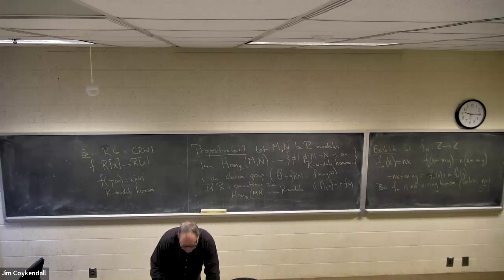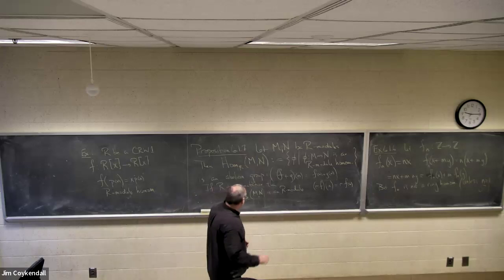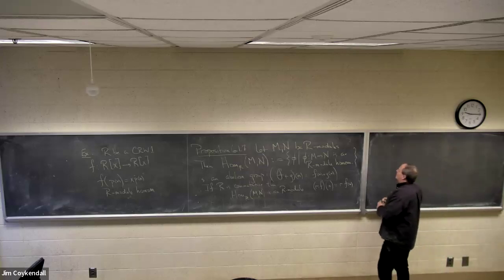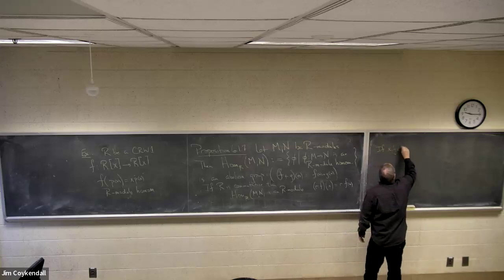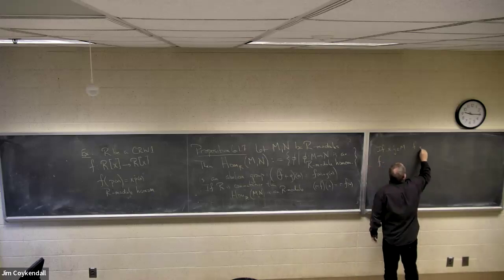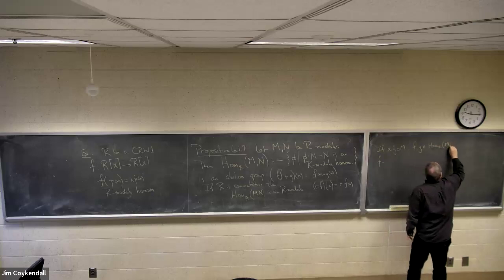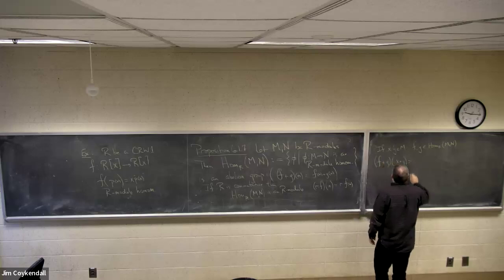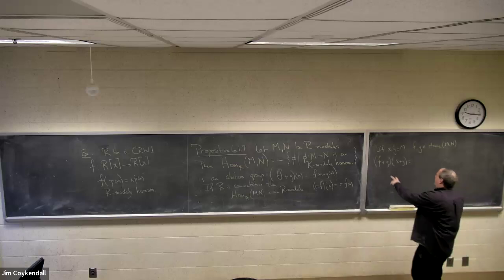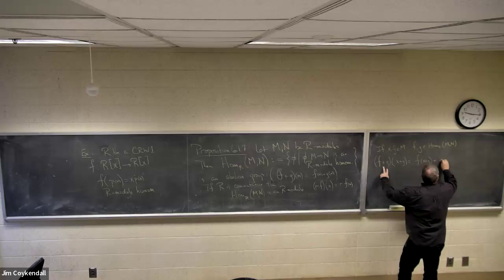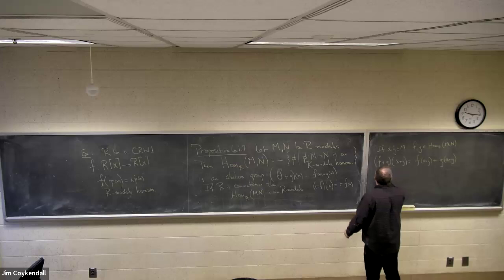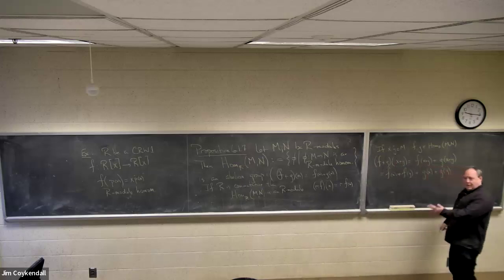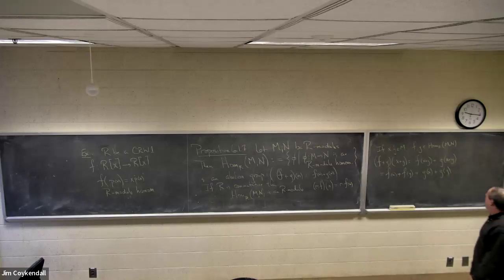Okay. Let me just quickly say that if f and g are in Hom_R(M, N), then the new function f plus g operating on x plus y is by definition f of x plus y plus g of x plus y, which is f of x plus f of y plus g of x plus g of y, because both of those little animals are module homomorphisms.